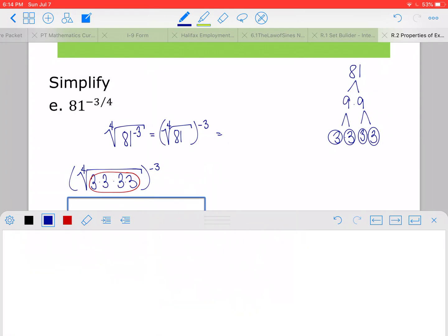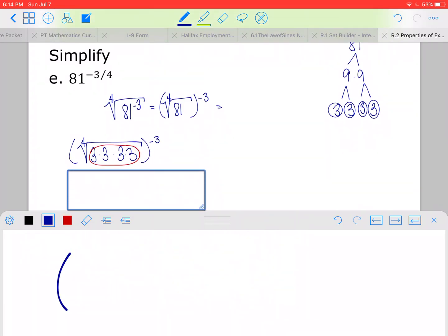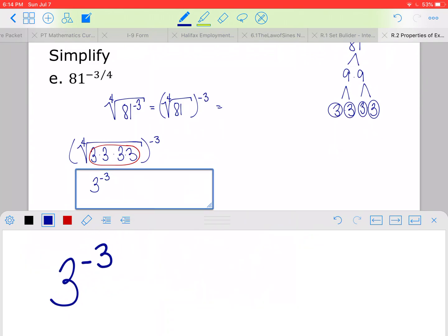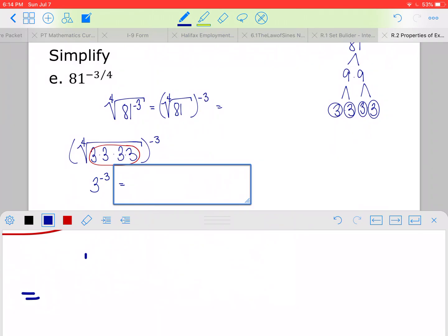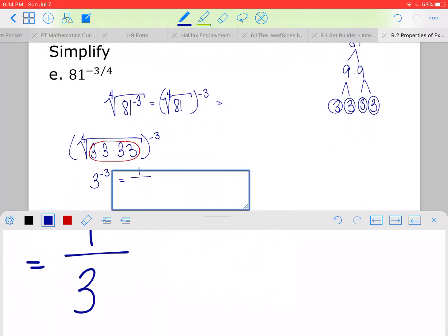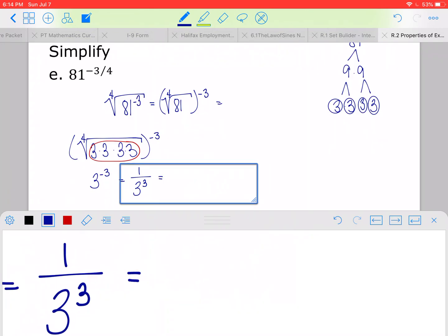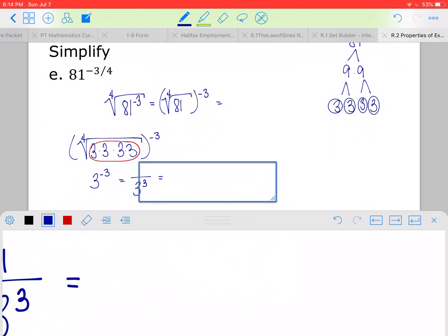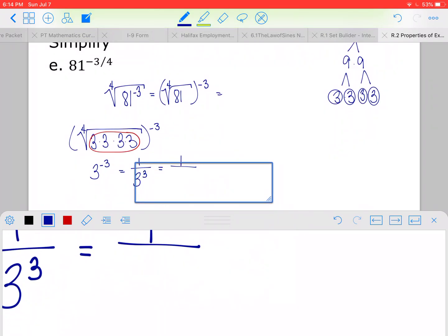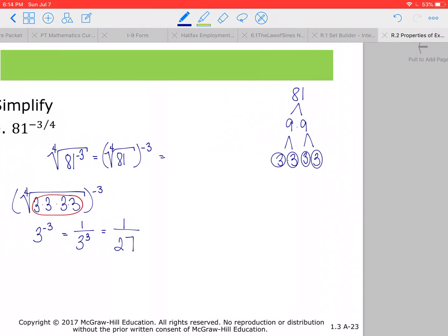So that leaves us with just a 3. 3 to the negative third power. That's the same thing as 1 over 3 to the third power. And to go ahead and multiply that out, 3 to the third power is 27, so we have 1 over 27. So that's the end of that.